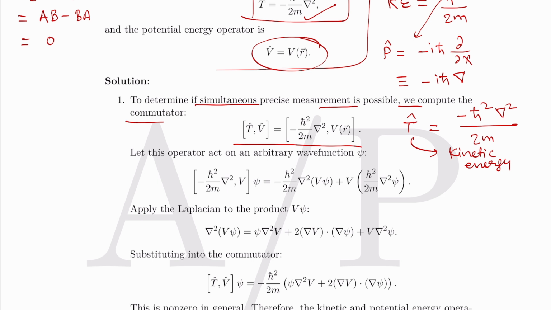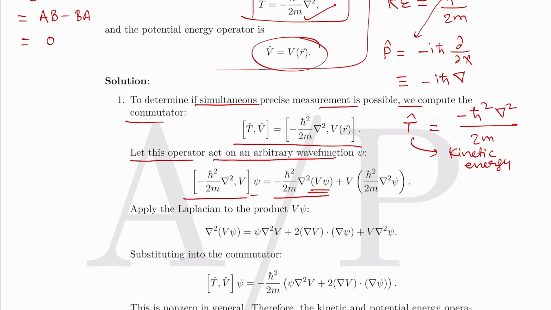So we are doing it. Let the operator act on the arbitrary wave function psi. In that way, this is the commutation, and this is operating on any generic arbitrary wave function. Obviously this is easy to do: it is going to be h bar square upon 2m del square, and then within the bracket the potential operator being operated on our arbitrary wave function psi.